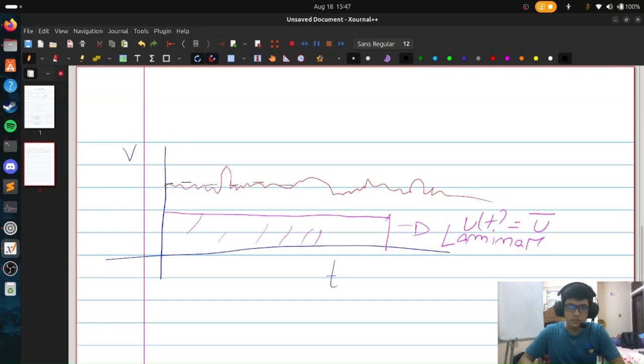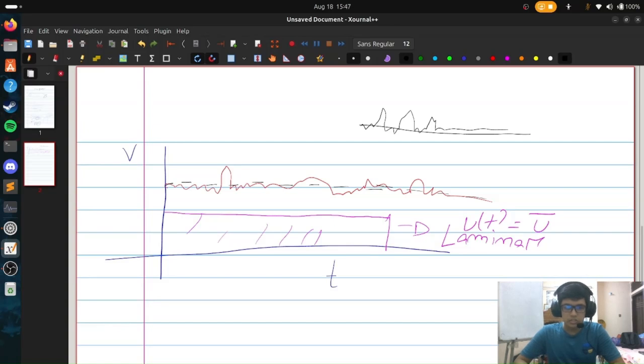This is a straight line, by the way. Think of it as a line that should be straight, but lots of fluctuations are happening here. These fluctuations happen around this line in turbulent flow.